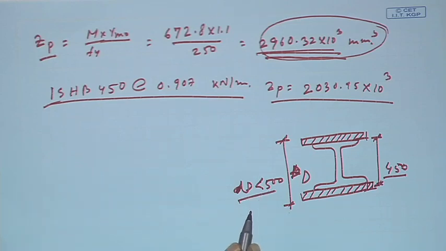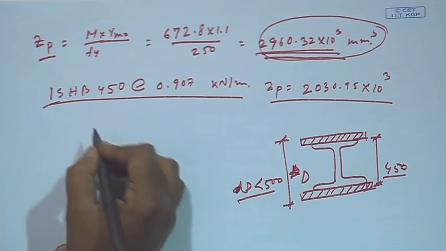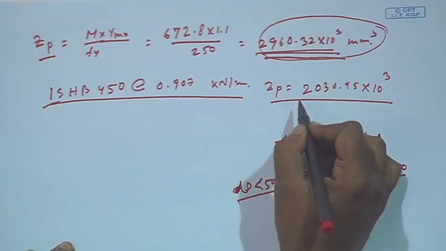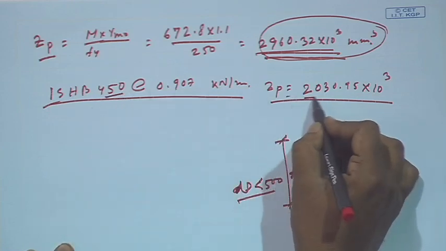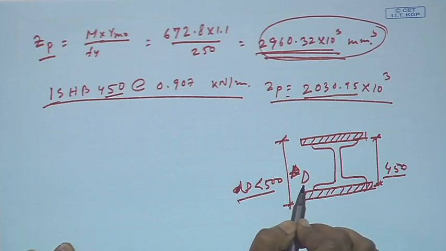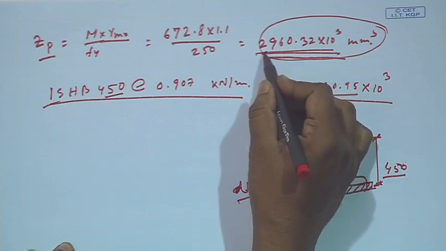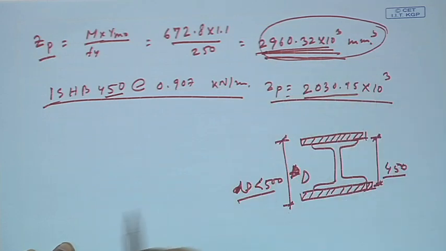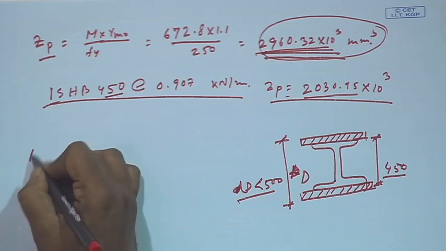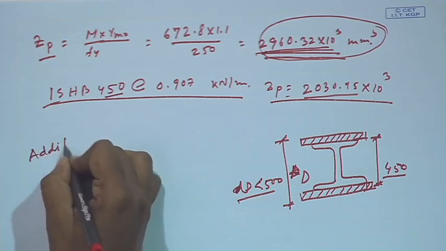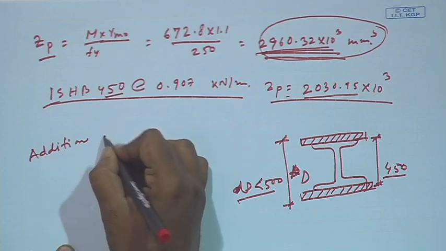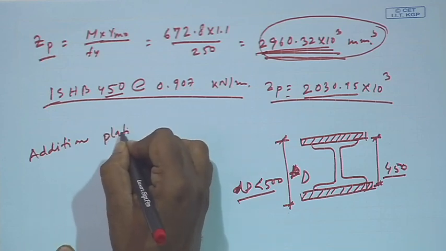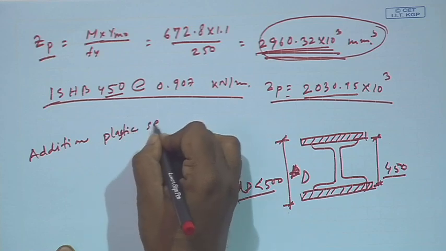For ISHB 450 the section modulus is 2030.95 and we need 2960.32. So, additional plastic section modulus we have to achieve through plate.